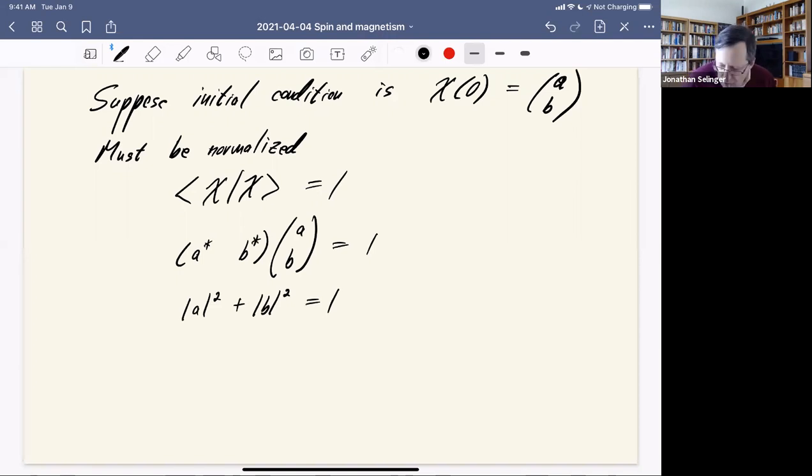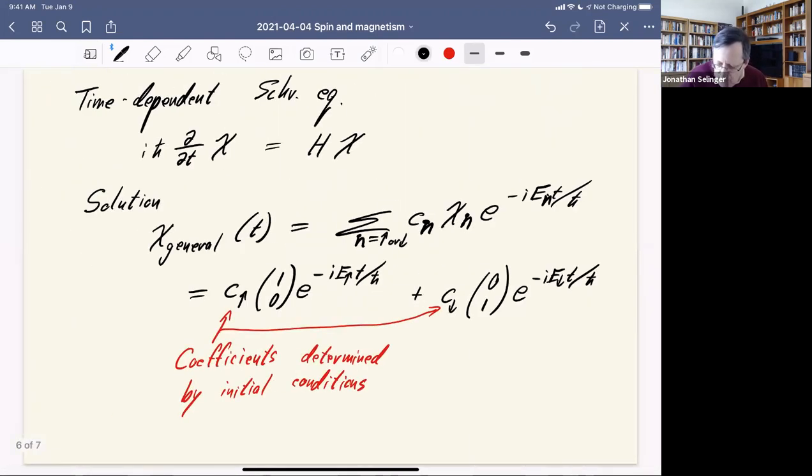All right. So if we have that initial condition, that should be enough to determine what C up and C down are. So here's our equation for chi at any time t. If we plug in t equals 0, we get chi at time t equals 0.